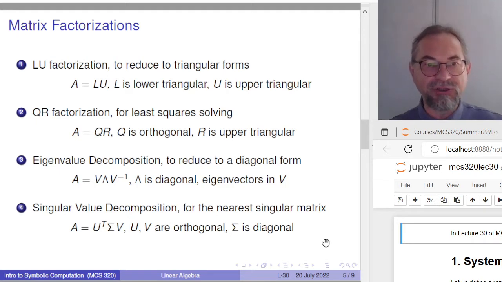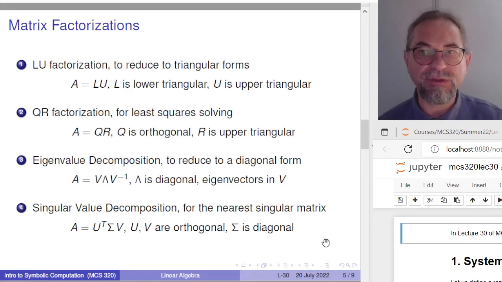So in a way, it generalizes the QR factorization. In a lot of applications, you may have matrices that are close to being singular, in the sense that there is not a unique solution when you consider a linear system with that coefficient matrix. Then one can still solve it by projecting to the nearest singular matrix, and that is done with the singular value decomposition.